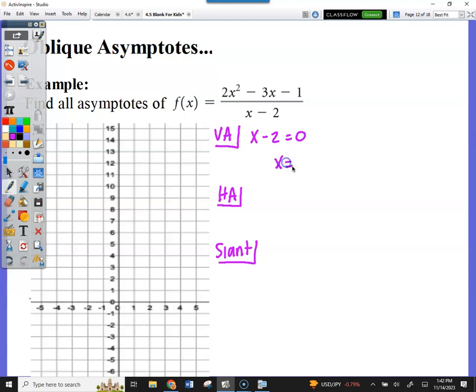Did you get the vertical at x equals 2? Did you get no horizontal asymptote? Which means you have more work to do. There's a slant.